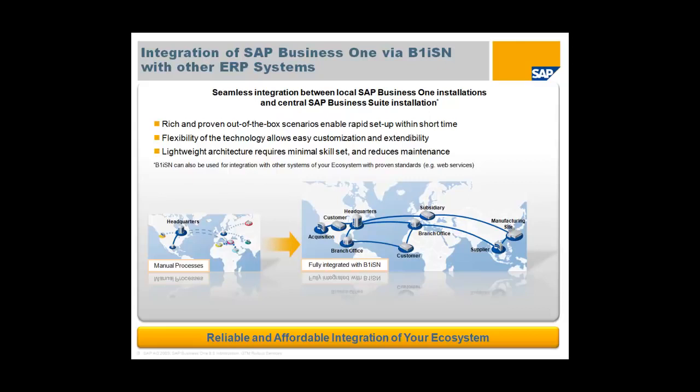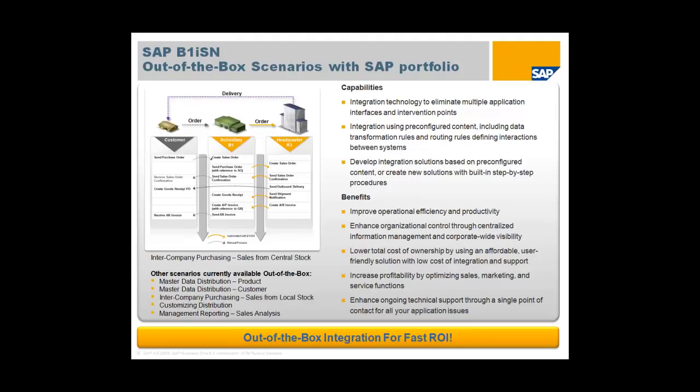If you want to exchange business documents with trading partners, either your suppliers or your customers, this integration layer in Business One version 8.8 will really help you facilitate that. Some of the out-of-the-box scenarios we are providing with the SAP portfolio are, for example, intercompany purchasing, where you have sales from central stock.